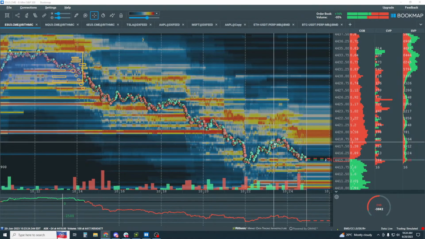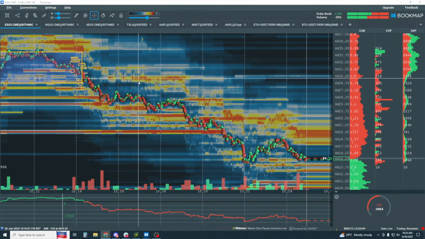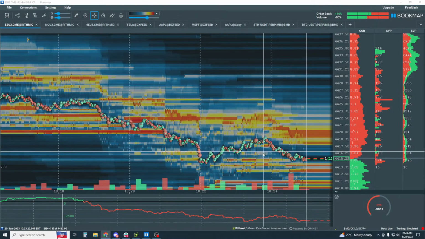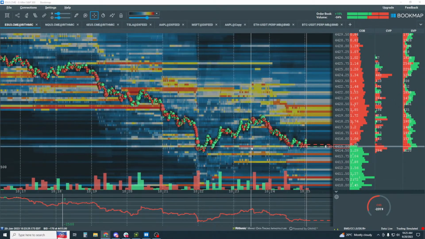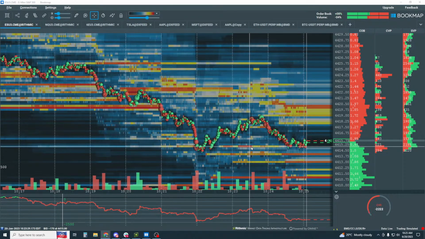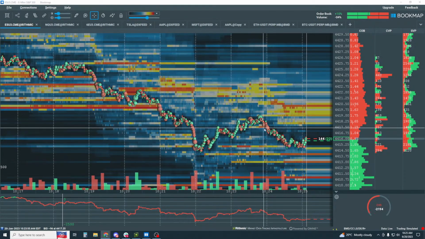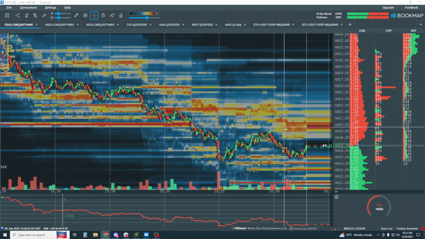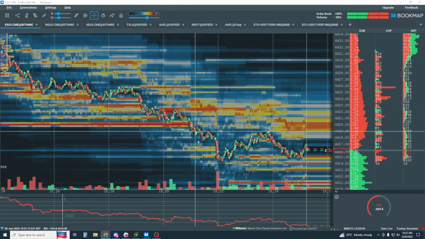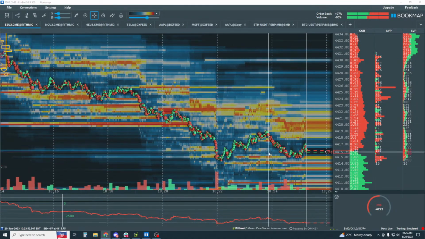Look for it again and again and again. This process is no different than going to your supermarket and buying pineapples because they're on sale. It's the same idea. You're looking for some sort of deal in here, and we're looking at the behavior in here to give us that insight.